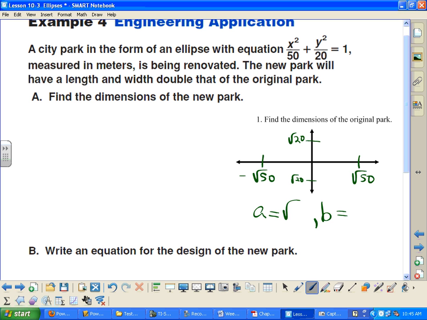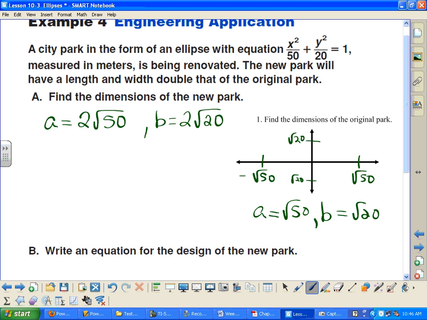Now, the new park, it says the width is double. Which means the value of A for the new park is going to be what? It's not square root of 100. It's 2 times square root of 50. And the value of B would be 2 times the square root of 20.